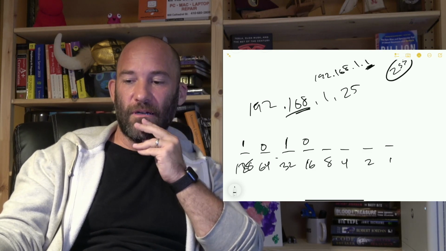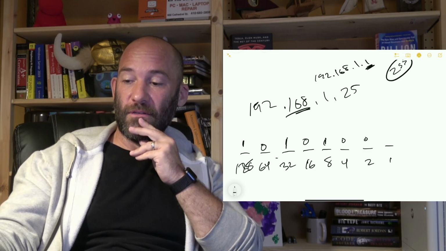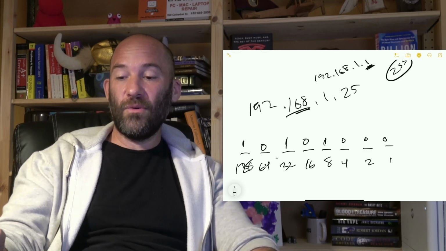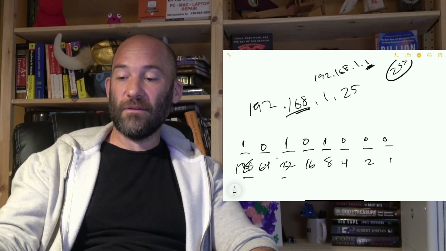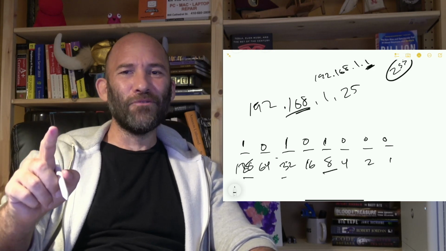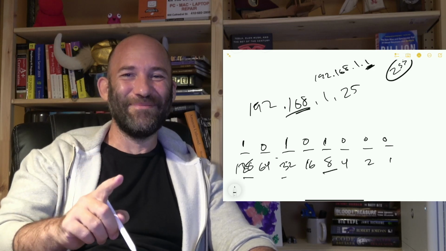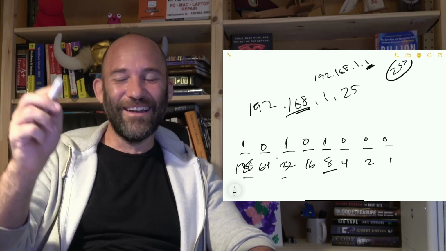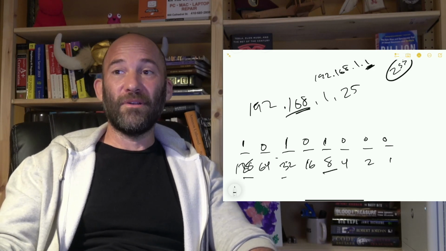Then this would be 0, then 1, 0, 0, 0, right? 128 plus 32 plus 8, I think, gets us to 168. If that is wrong, it's not the technology, it's my really crappy math. And that's how we're able to identify this in bits.